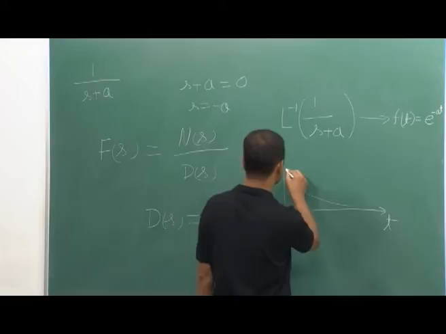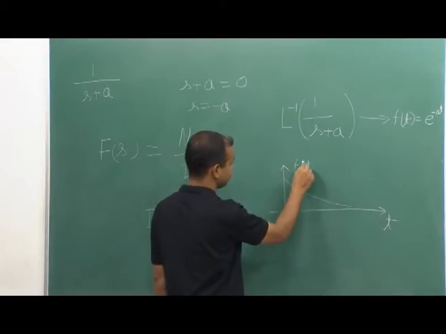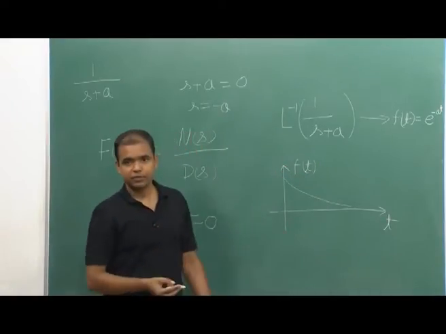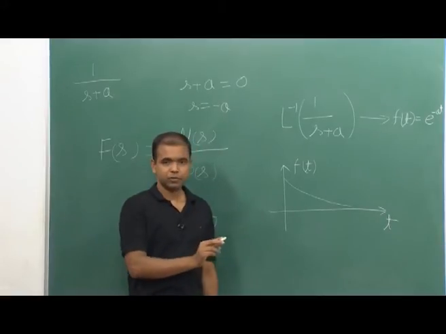This is t and this is my f(t). As the time tends to infinity, the response will die out, and that is why our system is stable.